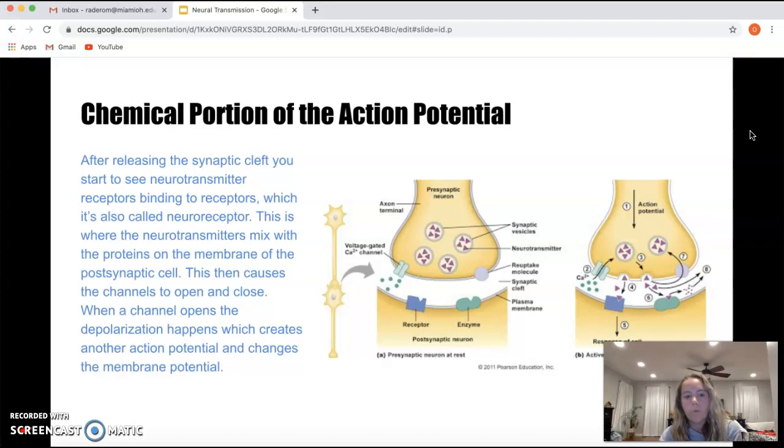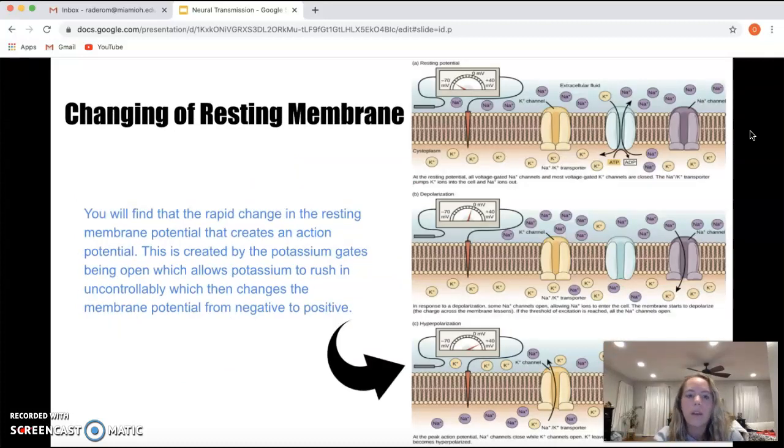When the channels open, depolarization happens, which creates another action potential and changes the membrane potential. So as the gates open and close, you can see in the photo the molecules moving in and out. This is what makes it either positive or negative, which if you go back to the previous slide, you can see that's what creates the resting membrane.